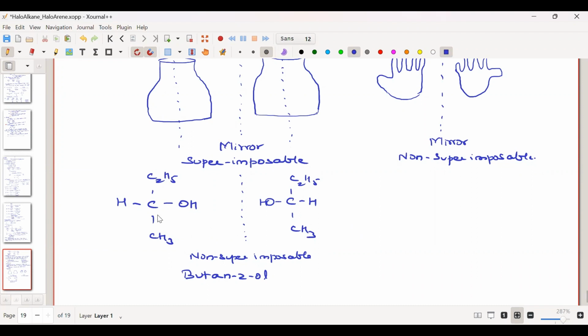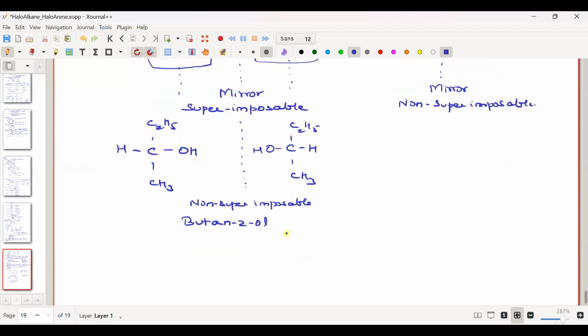Two ways to represent the same butanol. And are they superimposable? They are not superimposable. So these two are enantiomers.